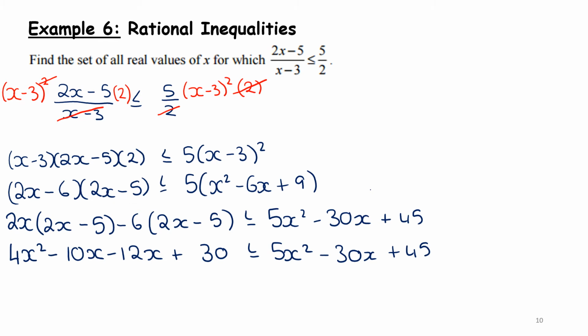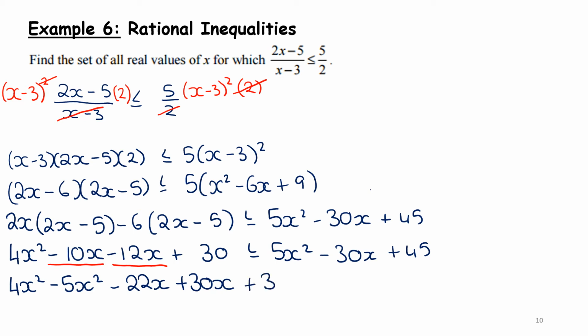It is a quadratic, so I'm going to bring everything to one side. So I have 4x squared, take away the 5x squared from the other side. Cleaning up the x's here, I have minus 10x minus 12x, which is minus 22x. I then bring over plus 30x from both sides, so I'm adding 30x to both sides.